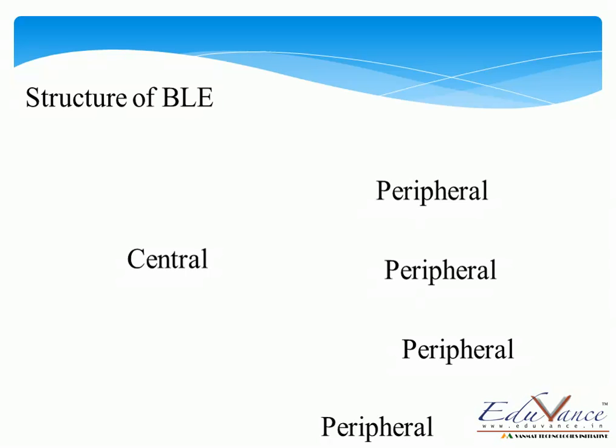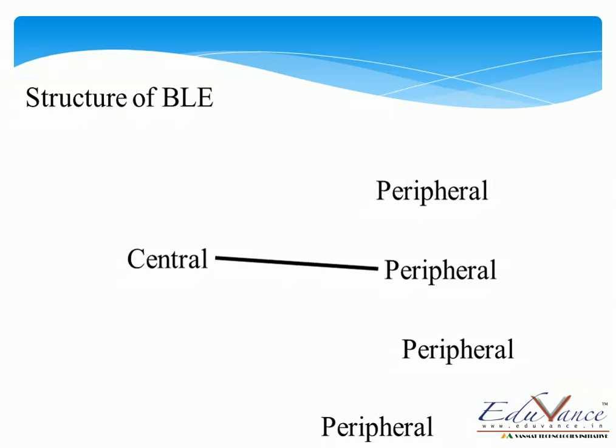So there can be one central and multiple peripherals, but at a time one central can communicate only with one peripheral. Like you cannot connect to your headphones as well as your friend's headphones at the same time, right?